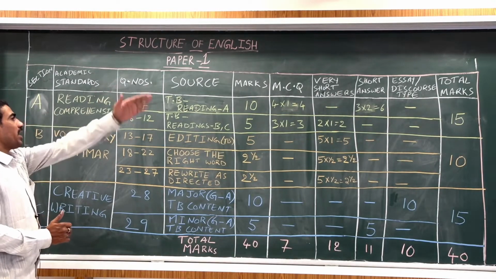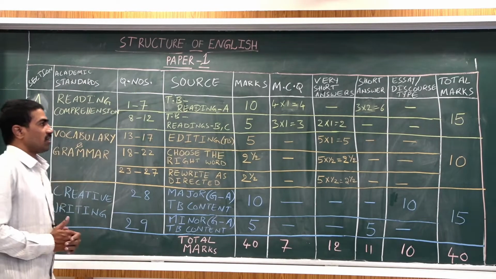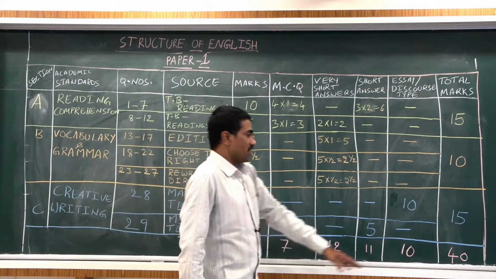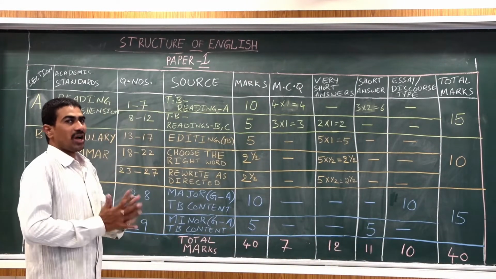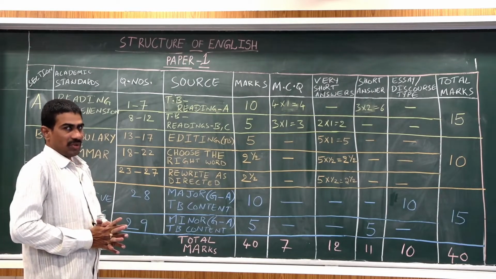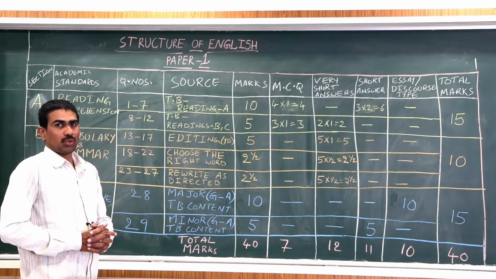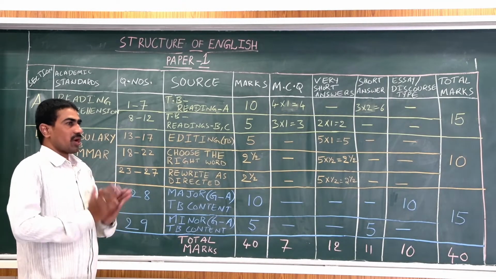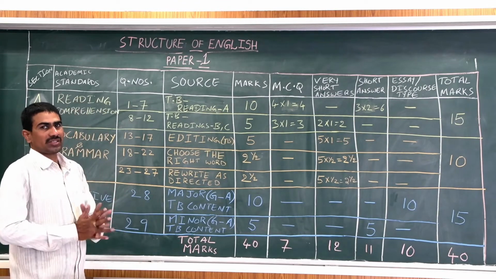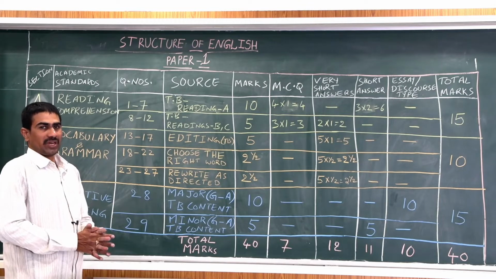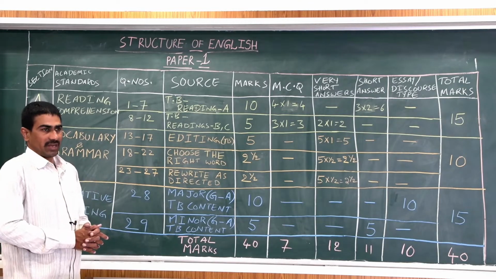And if you look at the entire structure, we have 40 marks for the written test and 10 marks for the internal test. And if you look at paper 2, we have 40 marks and 10 marks. So altogether 80 marks for paper 1 and 2 together and 20 marks internal.